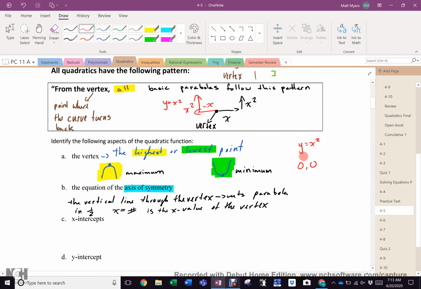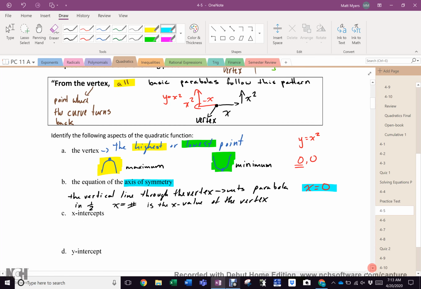So in this one, it's x equals what number? 0. That's the axis of symmetry.